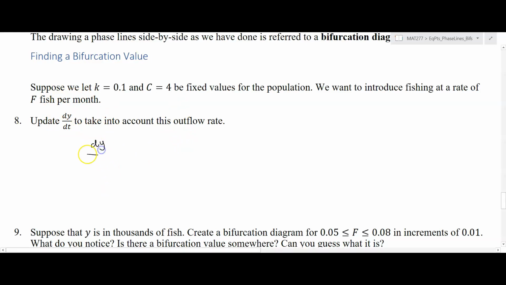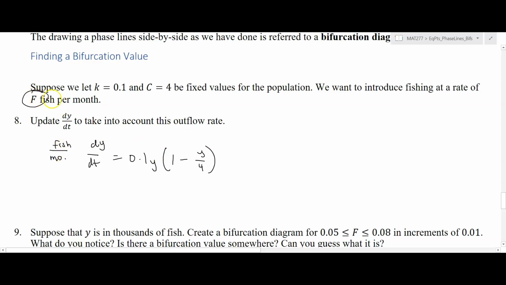So dy dt as it stands is going to be 0.1y times (1 minus y over 4). Now I'm going to incorporate an independent term which is going to account for fishing at a rate of f fish per month. Assuming t is in months, that means this would already be in fish per month.